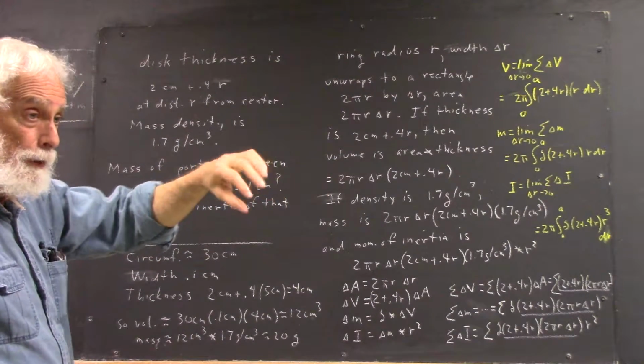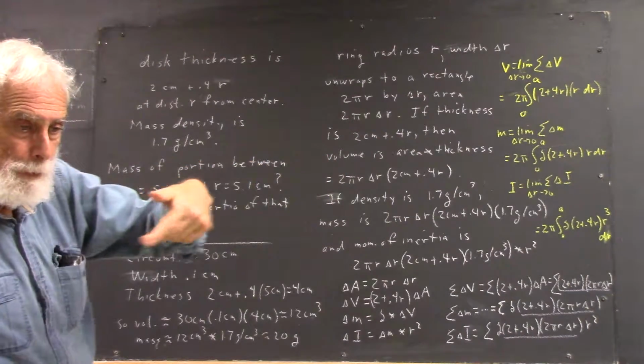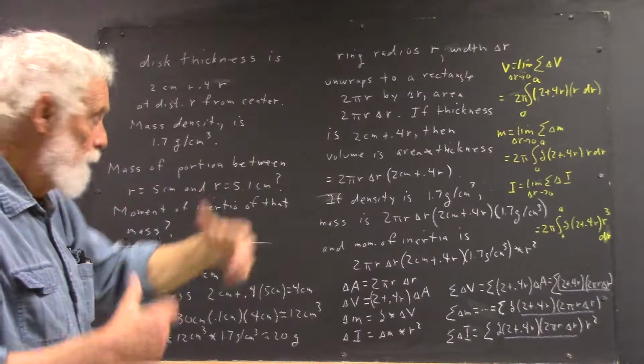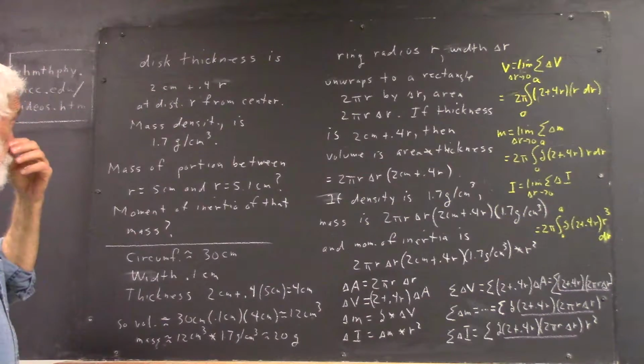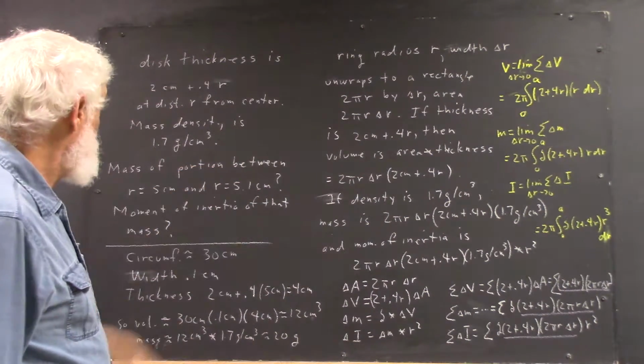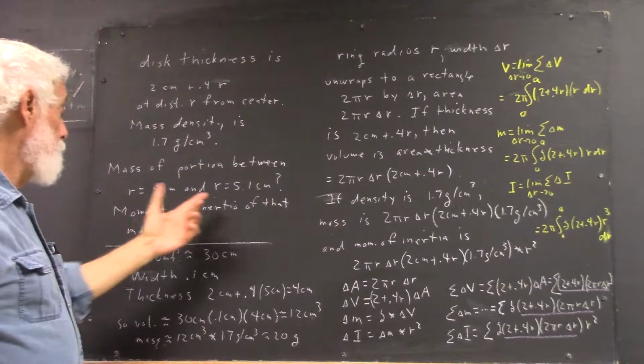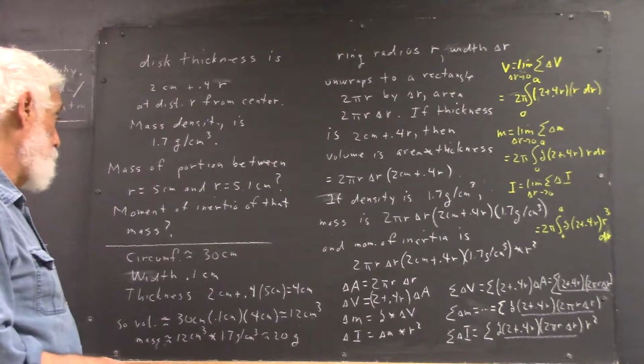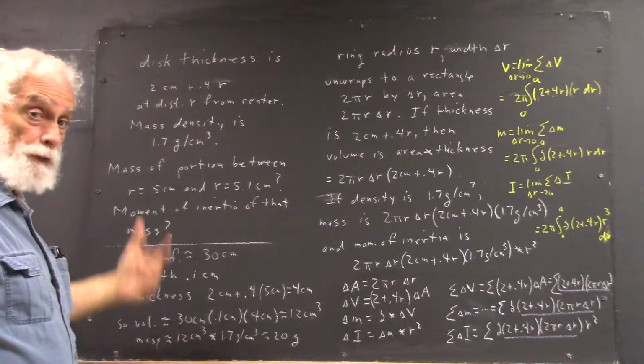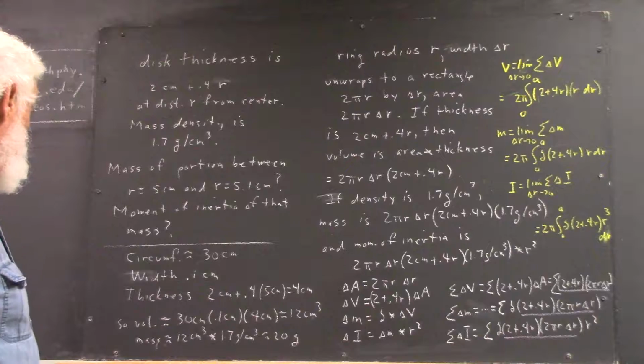That's a millimeter thick hoop within this object. So we want the mass of the portion between r equals 5 centimeters and r equals 5.1 centimeters, and then we want to find the moment of inertia of that mass.